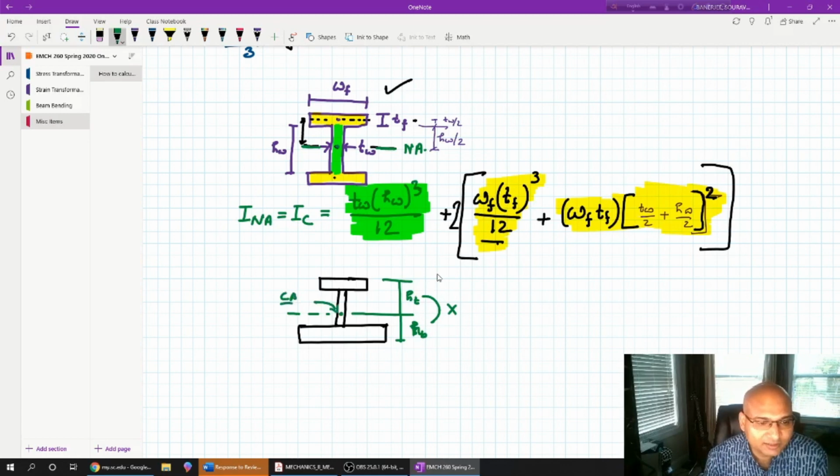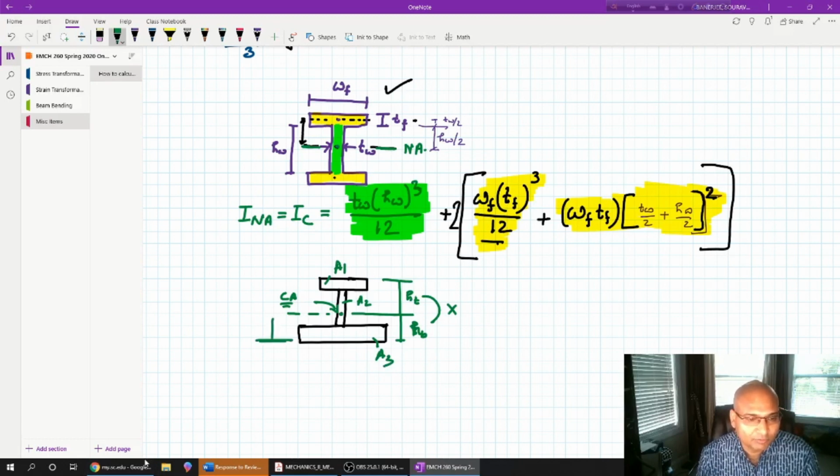And how to find the center of area? Those are very basic fundamentals that can be easily found using the balance of areas. Like you have this particular area A1, this particular area A2, this particular area A3. Then the CG with respect to any axis, like say this is my axis.